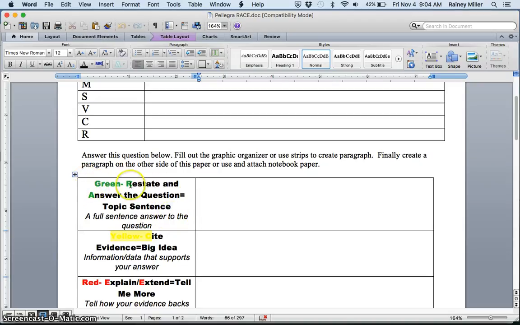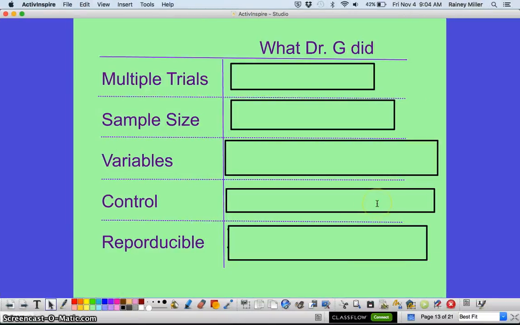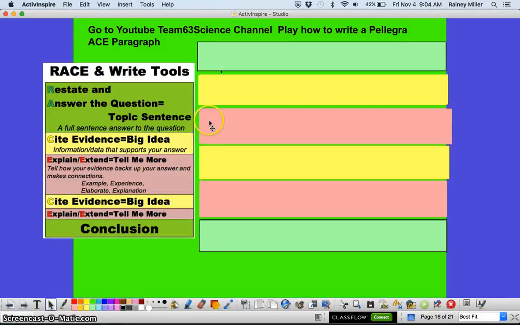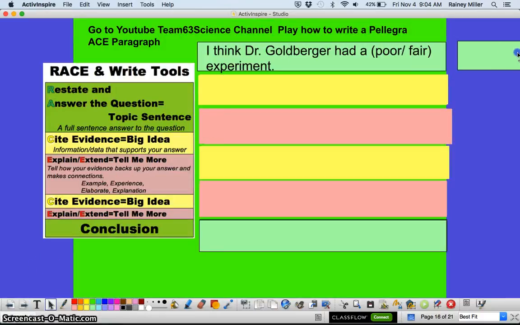Okay, so green, restate and answer the question. This is a topic sentence, a full sentence answer to the question. So in this box right here, what I want you to do is I want you to say, I think Dr. Goldberger had a, and you decide, poor or fair experiment.